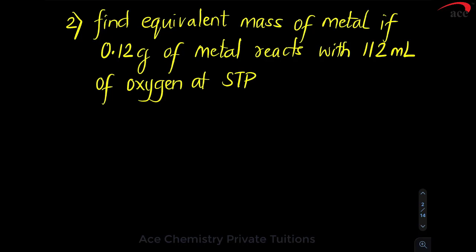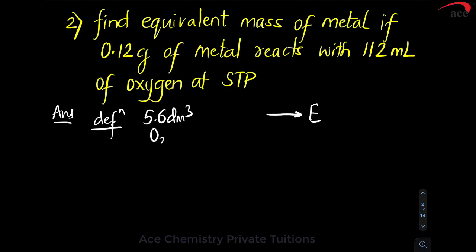Coming to the next one, find equivalent mass of a metal if 1.12 gram of a metal reacts with 112 ml of oxygen. But for that you should know the definition. So, what is the definition of equivalent mass? Equivalent mass is that mass which corresponds to 5.6 decimeter cube of oxygen.